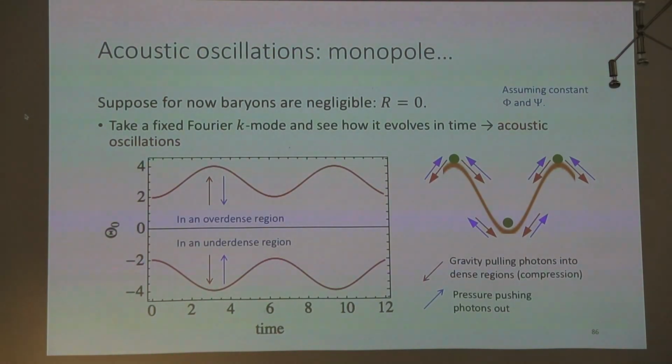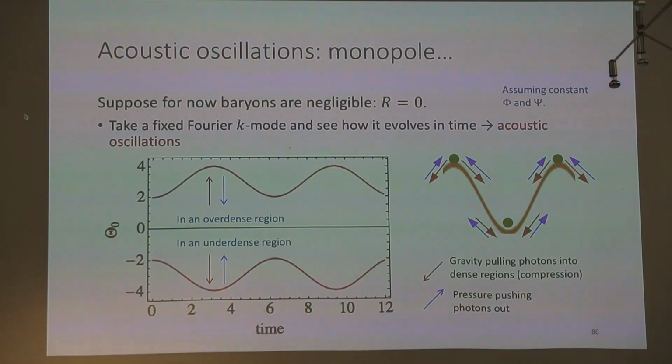So if you look at the schematic over here, we're basically looking at a photon that is sitting at the bottom of a potential well. So what's happening here to the photon fluid when you're at the bottom of the potential well is that gravity would want to pull the photons in. And the pulling would compress the photon fluid. But at the same time, the photons themselves have this intrinsic pressure, and they like to escape.